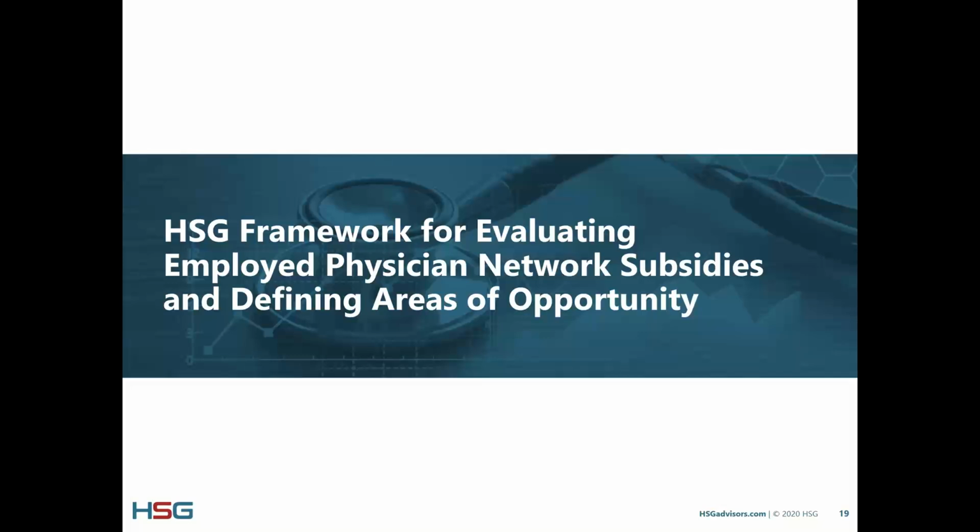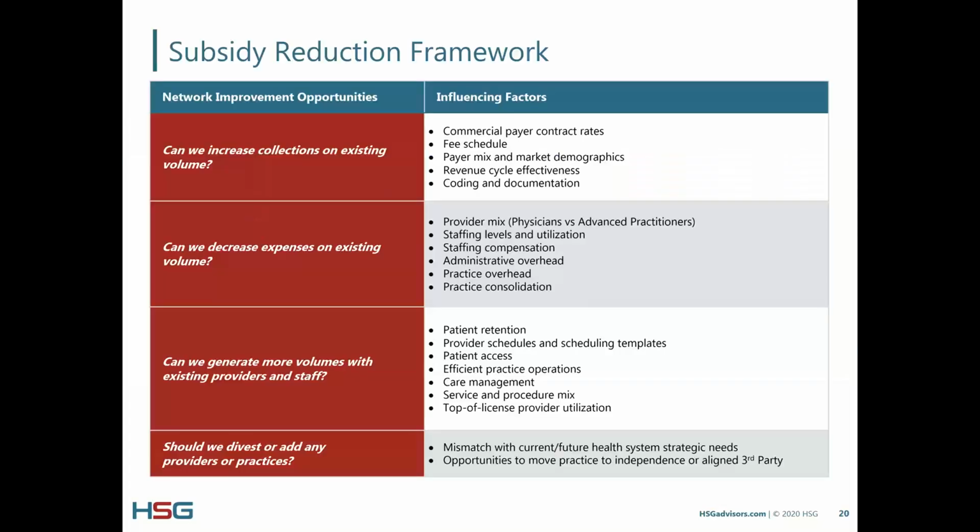So as Eric said, it's important to have a framework that allows you to comprehensively look at everything that can drive changes on the P&L and not get too focused on one or two issues. In this section, we'll be presenting our framework for how we help networks comprehensively assess performance improvement opportunities.